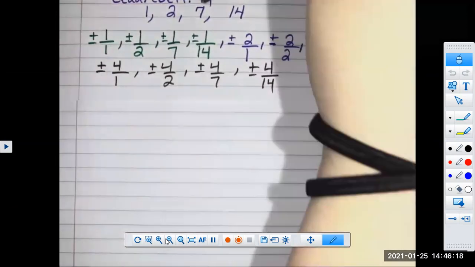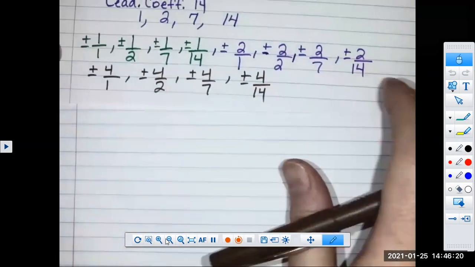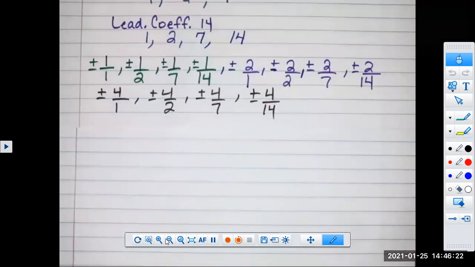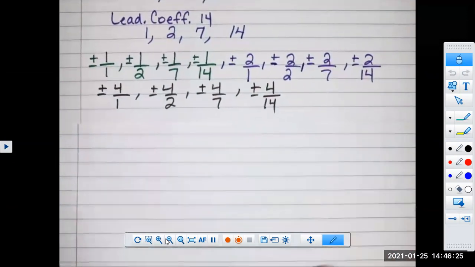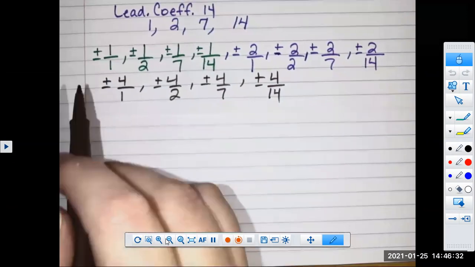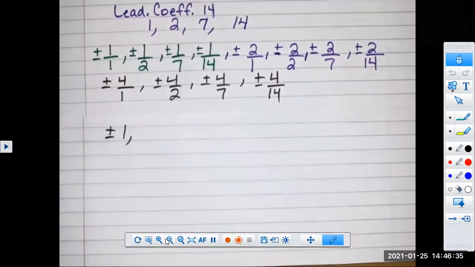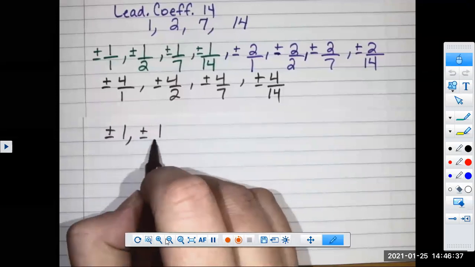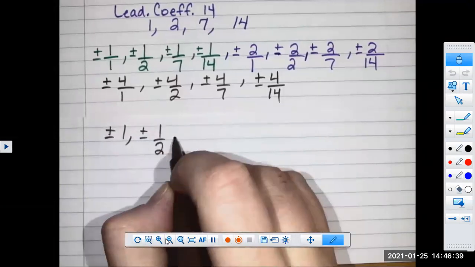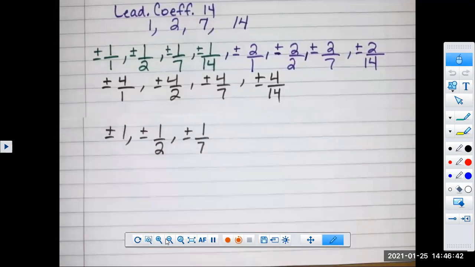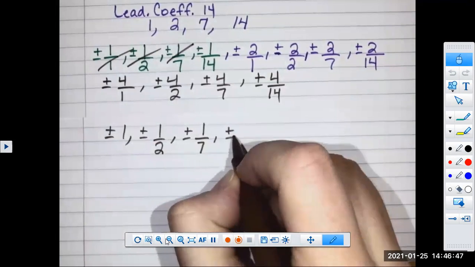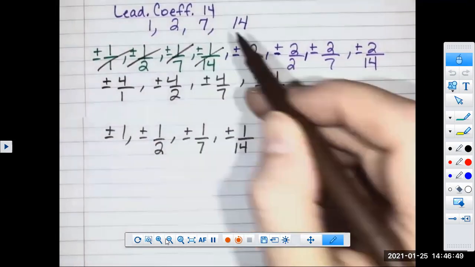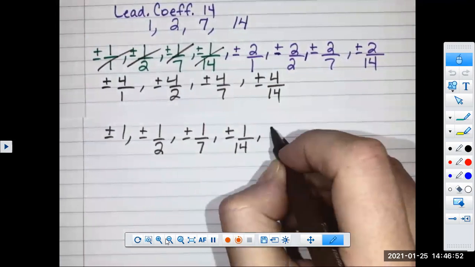Okay, you need to make sure that everything is simplified, and definitely do not type in anything that repeats. Like you don't have to type in 2 twice if it repeats. So I've got positive, negative 1, positive, negative 1/2, positive, negative 1/7, positive, negative 1/14, positive, negative 2.